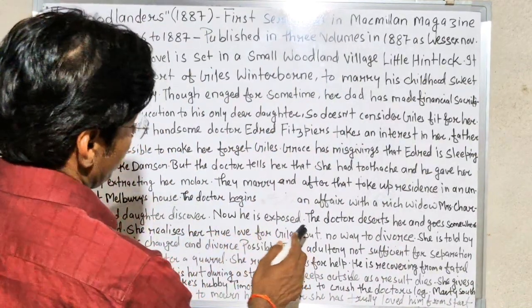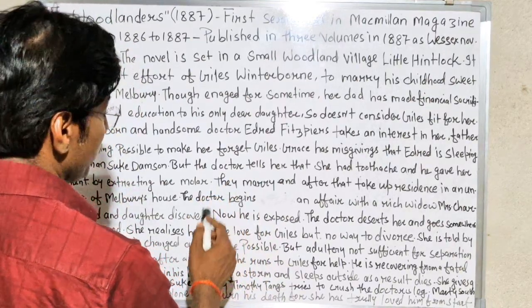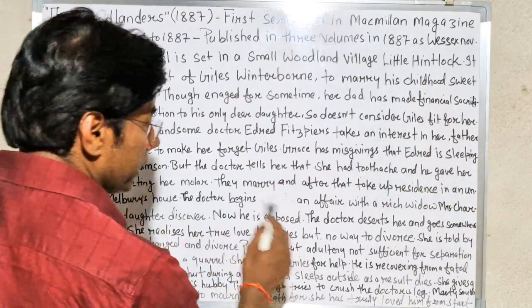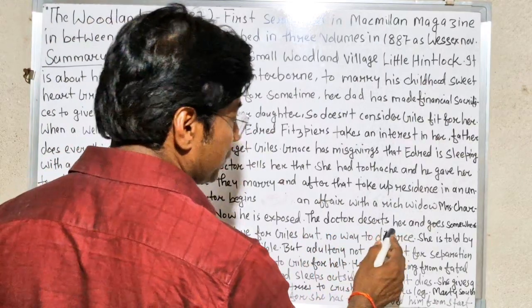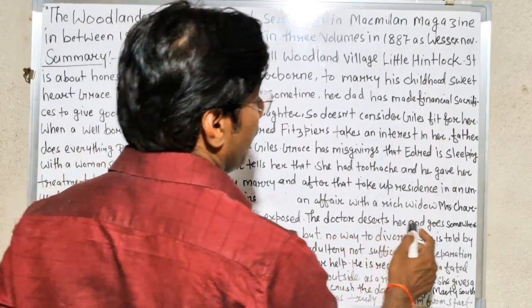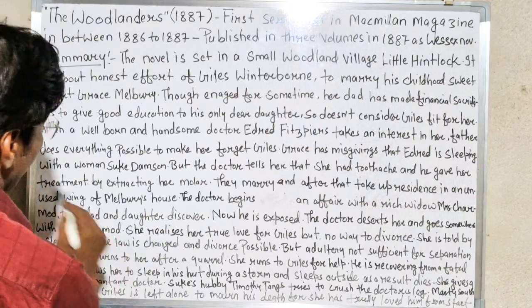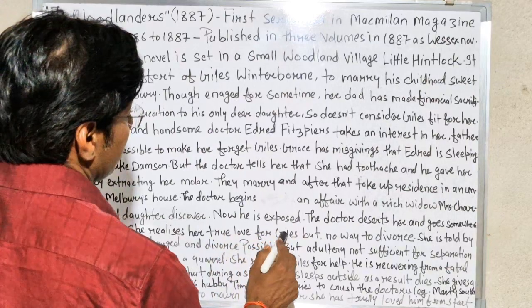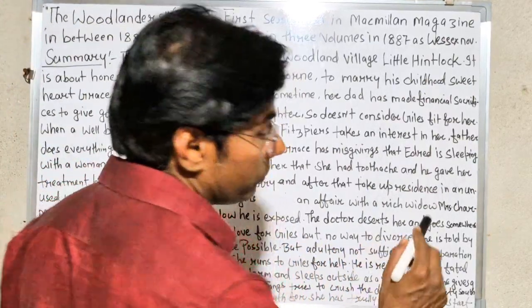Now his true character is exposed to his spouse and his father-in-law. The doctor deserts her, and at last the doctor leaves Grace Melbury and goes somewhere with Mrs. Charmond. She realizes her true love for Giles, but there is no way to divorce.